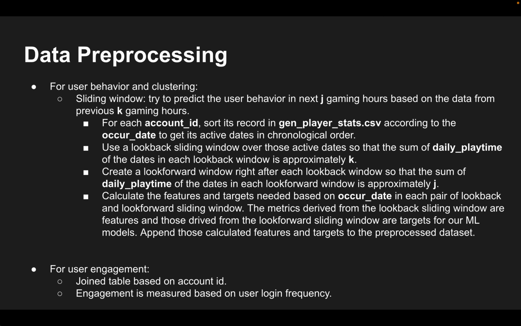In each lookback sliding window, the sum of the daily playtime across all the active dates should be approximately K, and in its corresponding look forward window, the sum of the daily playtime should be approximately J, so that we could extract useful features and targets from the active dates of each pair of sliding windows. And so we could apply those calculated features and targets to our machine learning models.